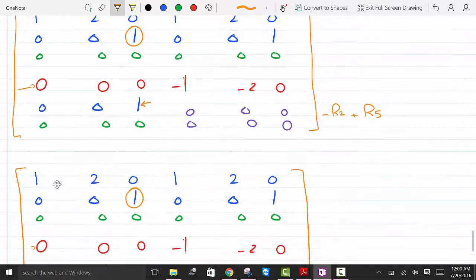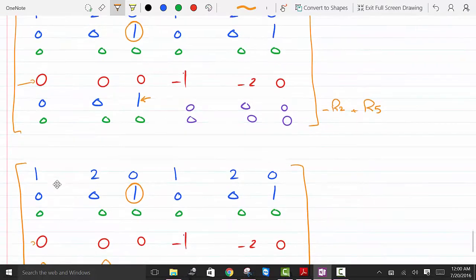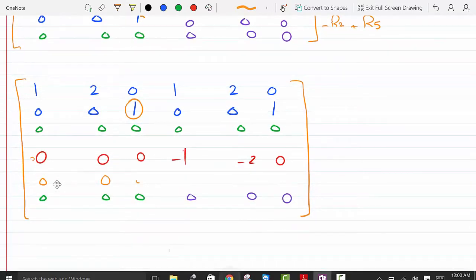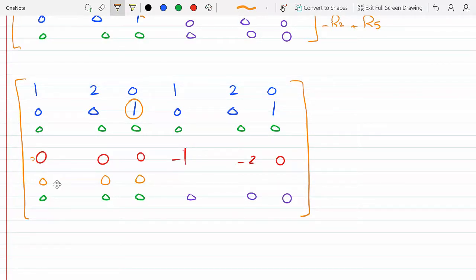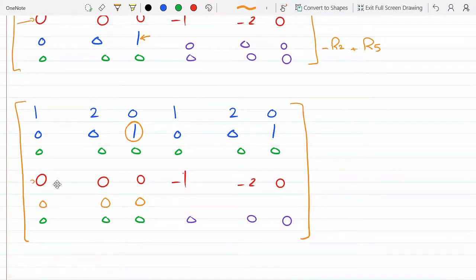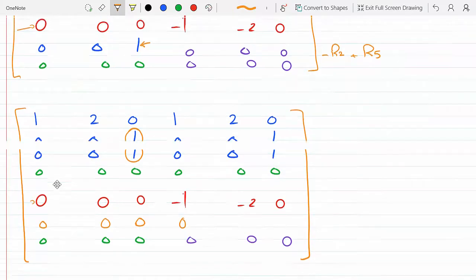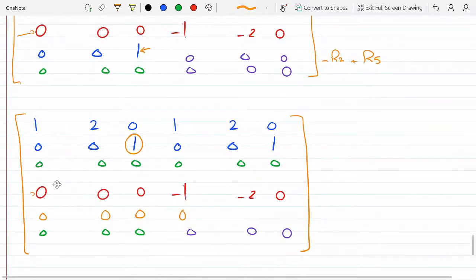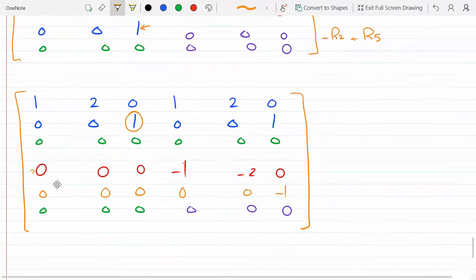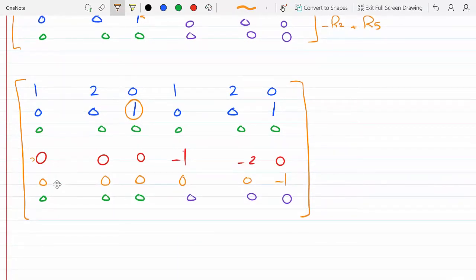Minus row 2, 0 0. Now minus 1 plus 1 will give me a 0. Originally I had a 0 here, so this will just be 0, and here I have 0 0, and this will be -1 because -1 times 1 is -1 plus 0 is -1. Okay, so now everything here is zeros, everything here is zeros.